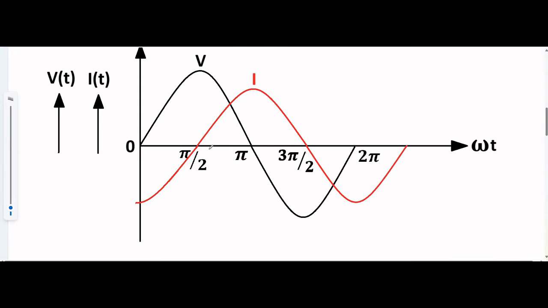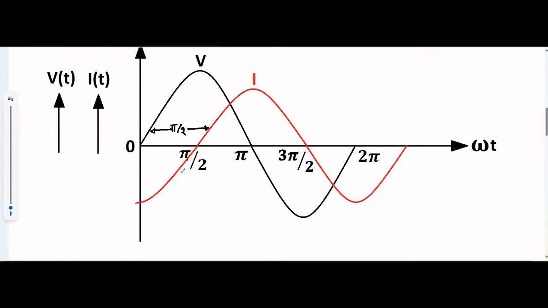It means it lags behind the voltage by a margin of pi by 2. The corresponding 0 points differ by pi by 2. Also, their corresponding positive peaks, negative peaks, and the final 0 point all vary by pi by 2 radian or 90 degree.